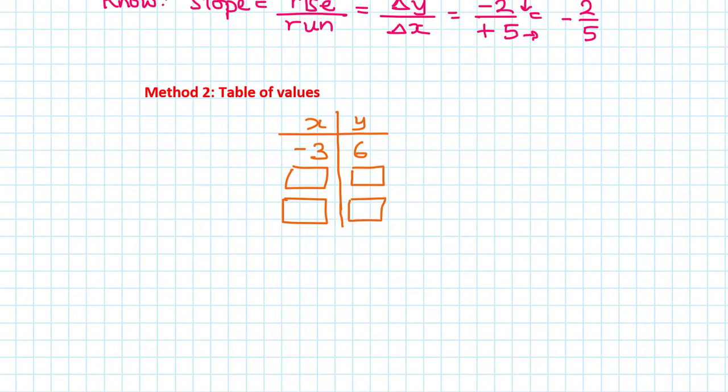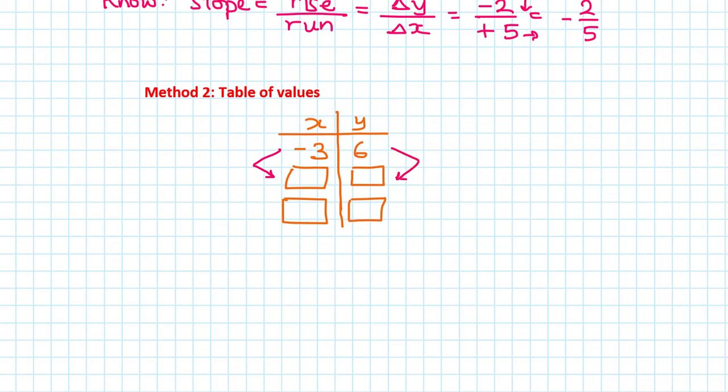So to go about finding the next ordered pairs, what we need to know is that going from the first ordered pair, which is (-3, 6), to the next ordered pair, we know that we are going 2 steps down. So what that means is that if you're going 2 steps down, that will be for our y.